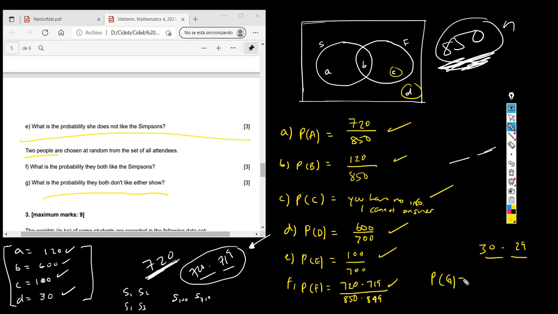So the probability of G is just as before, all the favorable cases over all the possible cases, like this. And that resolves this problem. That's problem number 2 from section B.